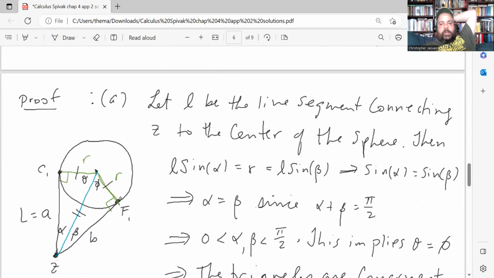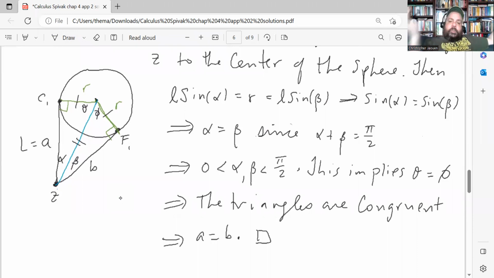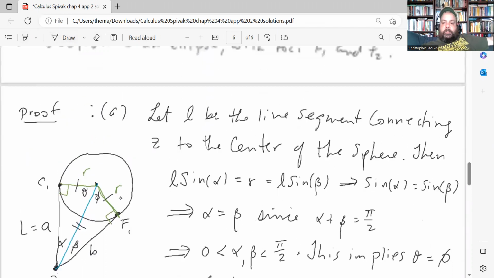That's just by trigonometry, which is the same length as L sine beta, which implies that sine alpha equals sine beta, which implies that alpha is equal to beta, since alpha and beta are complementary angles, right? So they have to be acute. This implies also that theta equals phi, which means that the triangles are congruent, which means that the length A has to be equal to the length B, and that's the proof. All right. So that's the answer for part A. Let's take a look at what they want us to do for part B.